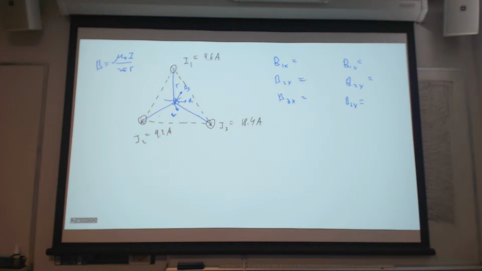And when you add components, you get the net field. How should it point? Well, I can guess. It should be B1 plus B2 plus B3. So something like this.